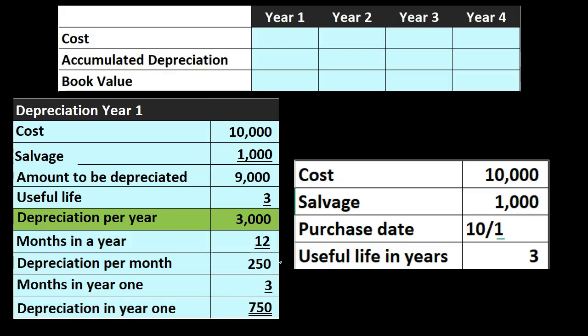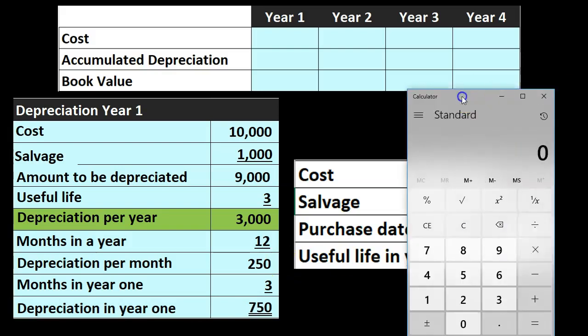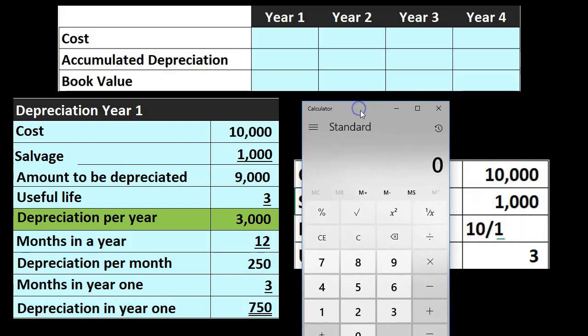750. Now note, if you see that in a book, they might simplify this calculation, or actually I think this is the easiest way to think about it. But they may represent it with a fraction, because they could say, well, we had it for 3 months over 12 months, which would be 0.25 times the 3,000.